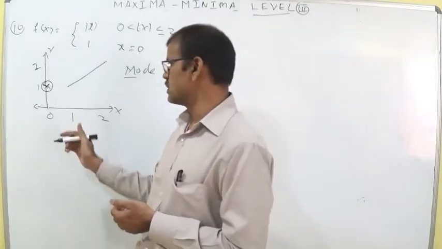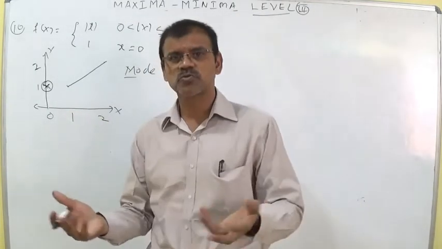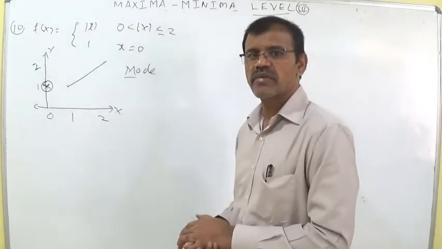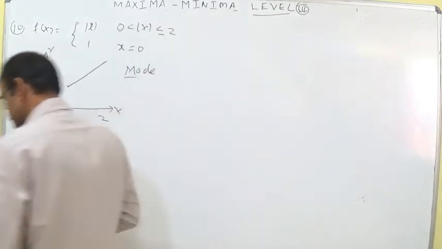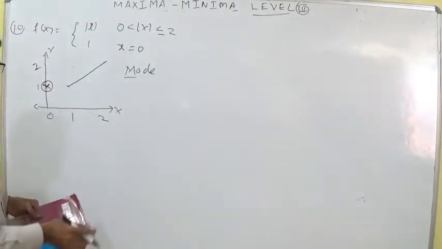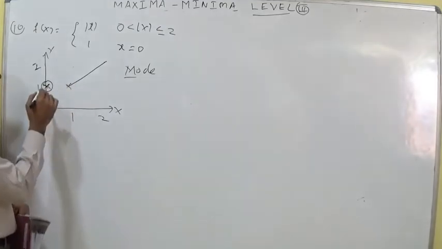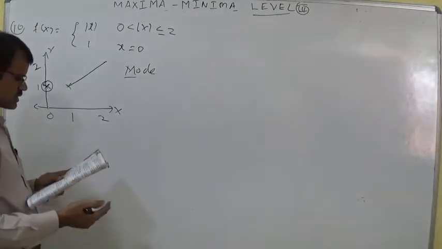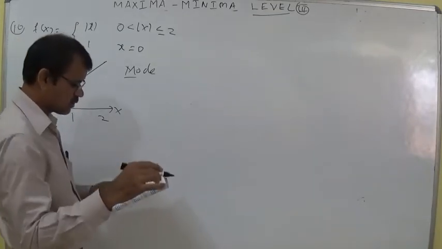So here 1 is repeating, so 1 is the maximum value. We can say that f of x has a local maximum at 1. This is ungrouped data. How many times did it repeat? For 1 we got 1 and for 0 also we got 1.